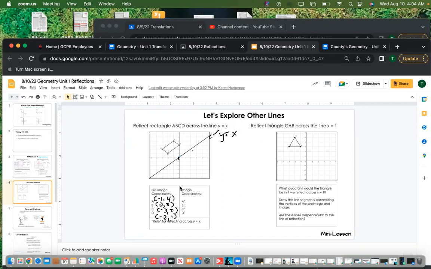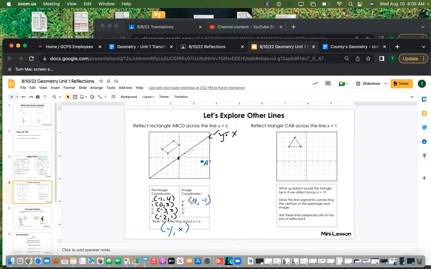I'm going to go ahead and tell you this rule, and then I'll actually show you why it works. The rule is going to be y comma x. What this means is you're going to switch the x and the y. So see how this is -1, 4? Well, the new image is going to be 4, -1. Boom. Here you got 0, 3.